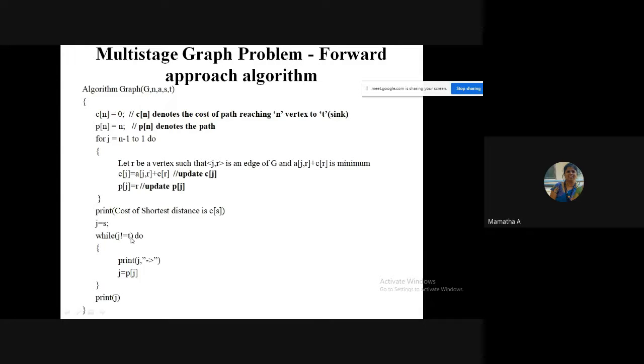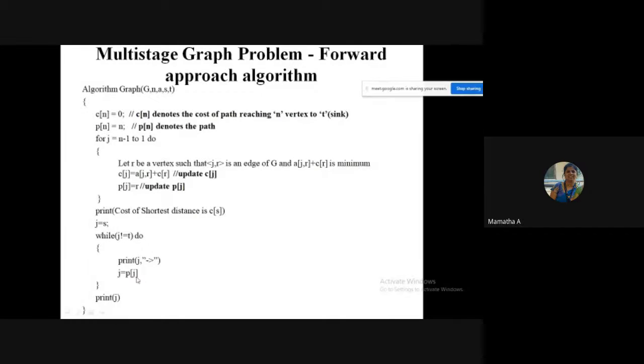What is t for me? The sink node. While j is not equal to t, keep doing. What should I print? Print j, the arrow mark. Then update j as what? For the next iteration, what is my j? j will be p of j.